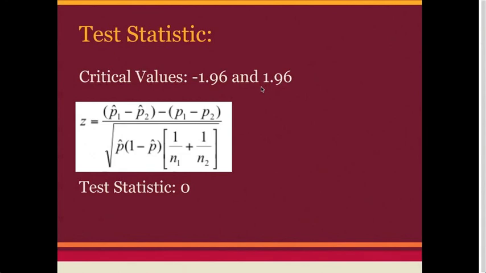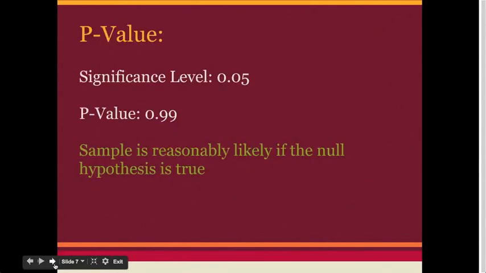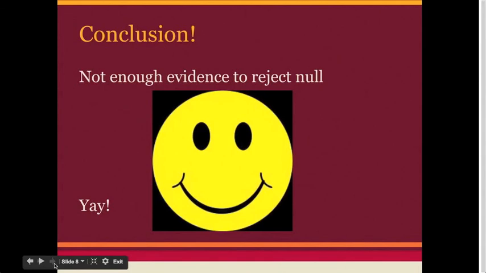We came up with a test statistic of 0. This means that our sample falls right in the very middle of the normal curve in the non-rejection range, and well within the critical values given. Using this information, we do not have enough evidence to reject the null hypothesis. So now we can rest easy and know that yellow M&Ms and yellow Skittles are equal in this world.